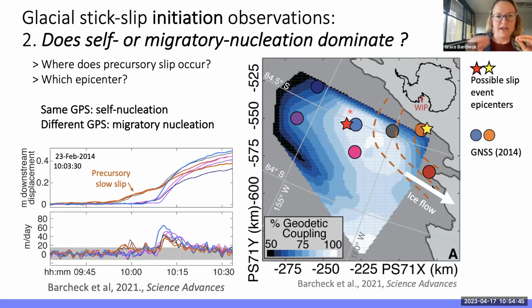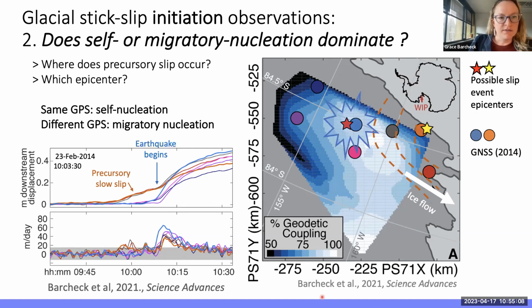And so we look at where does the precursory slip happen, and then where does the main shock start, right? Like, where does this fast part of the earthquake actually show up first in our data? And if they're in the same place, that's evidence of self-nucleation, and if they're in different places, it's evidence of migratory nucleation.